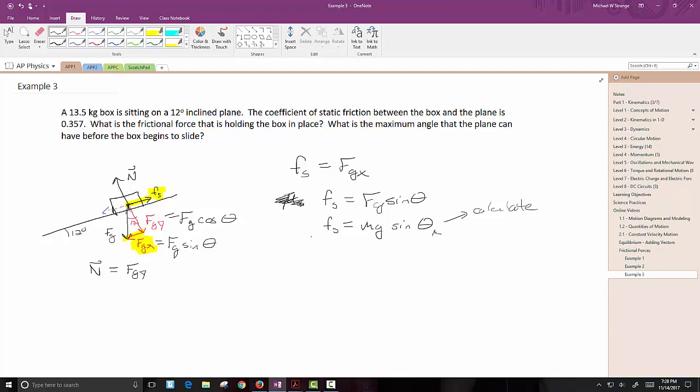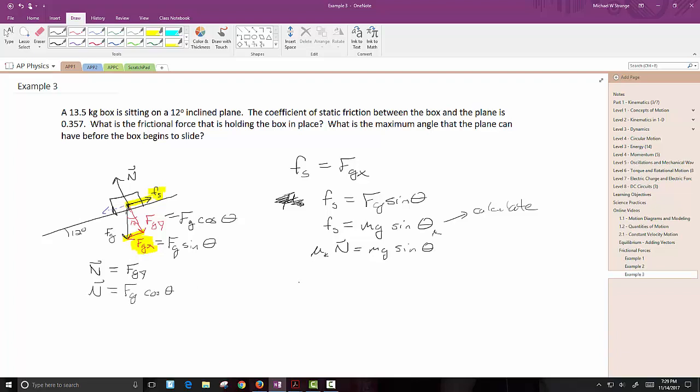So the force of static friction, that would be the coefficient times the normal. The coefficient times the normal force is equal to mg sine theta. And then the normal force is going to be Fg in the y direction. So the normal force is equal to Fg cosine theta.